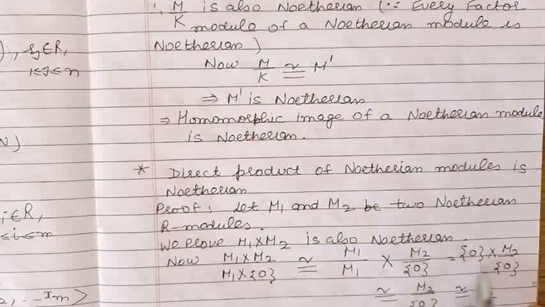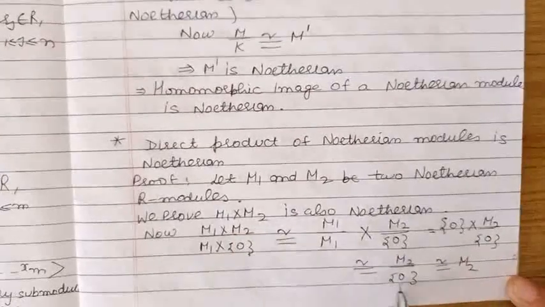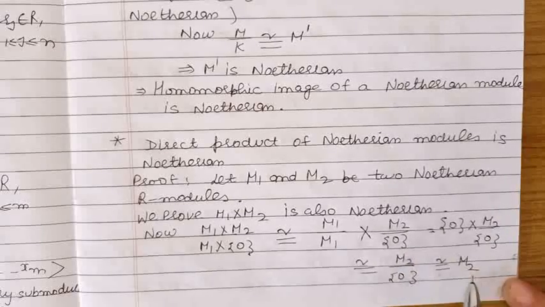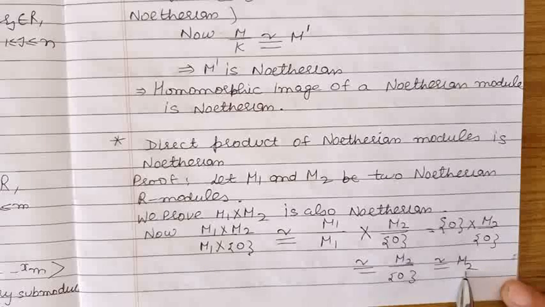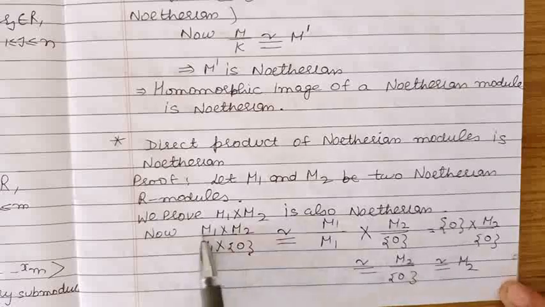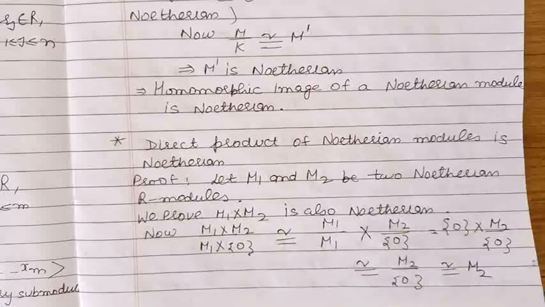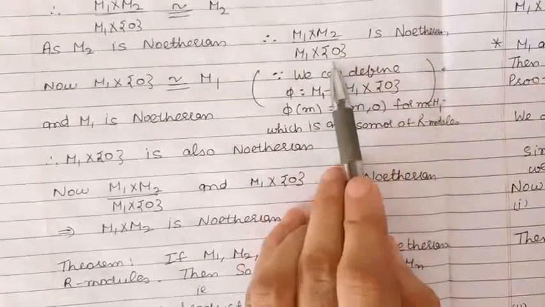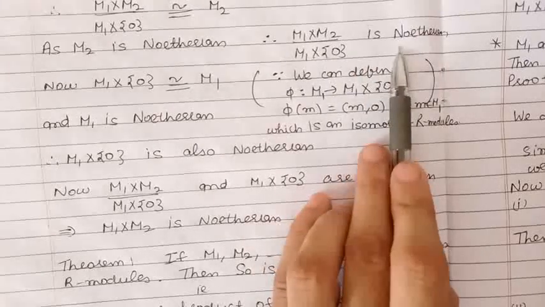Now this is further isomorphic to the factor module M2 by 0 module, and this factor module is further isomorphic to M2. Now, this module M2 is given to be a noetherian R module, and this module, being isomorphic to M2, will also be noetherian. So we have proved that the factor module M1 cross M2 by M1 cross 0 module is noetherian.